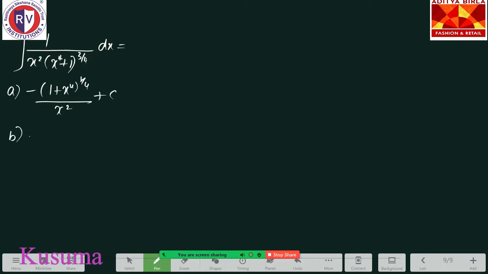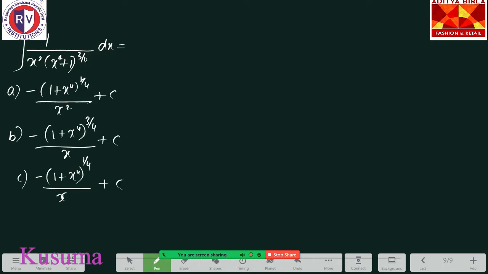Option B, minus of (1 plus x to the power of 4) to the power 3 by 4 divided by x plus c. Option C is minus of (1 plus x to the power of 4) to the power 1 by 4 divided by x plus c. Option D is minus of (1 plus x to the power of 4) to the power 1 by 4 divided by 2x plus c. So these are the options given.